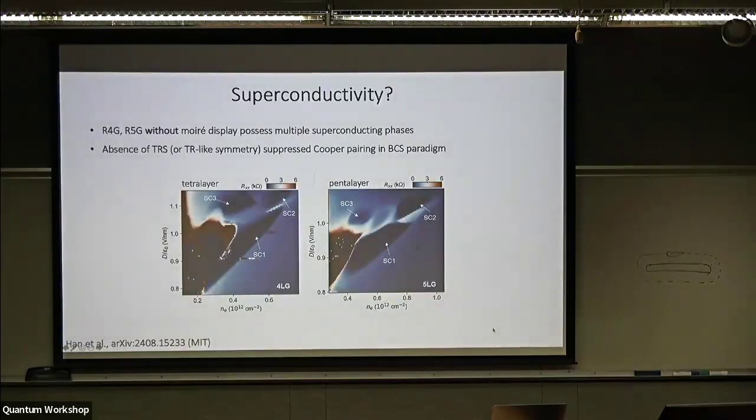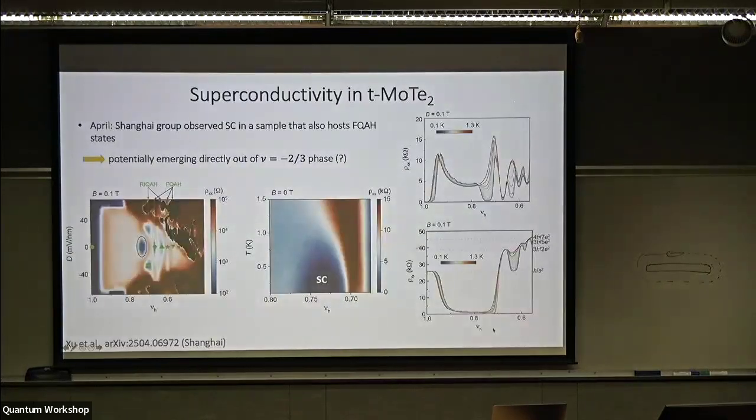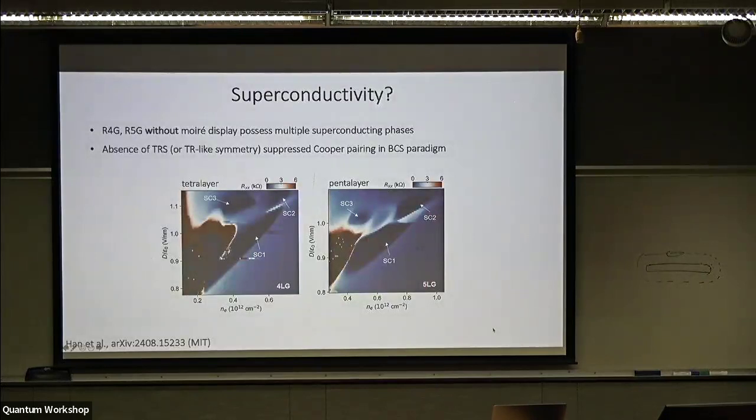Okay, I want to talk about superconductivity. Last year this was seen by Long Ju's group in rhombohedral graphene with 4 and 5 layers. They see around 3 different superconducting regions. These are largely in the same area as the samples where they see the fractionalized phases.